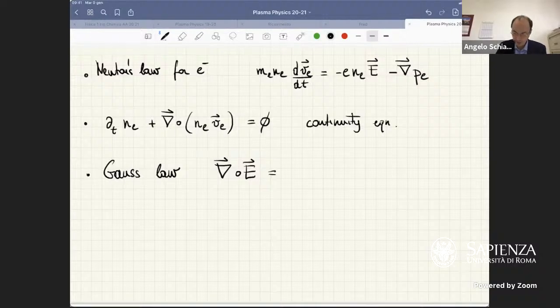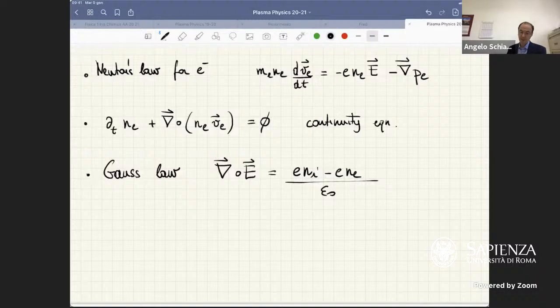The charge density in our case can be expressed as e times the density of the ions, assuming for instance a hydrogen plasma, so e is the elementary charge of the proton, minus the charge density due to electrons, so minus e times the density of the electrons. This is what is called, in general physics 2, rho, the charge density, divided by epsilon naught.